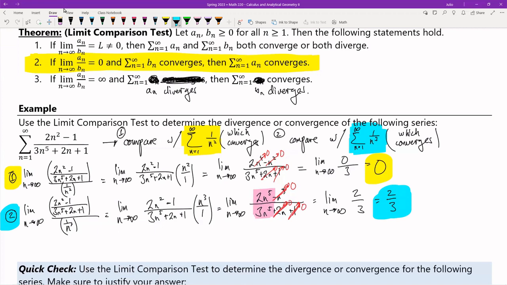This one is not a limit equal to 0. We are now sort of invoking number 1. Hopefully you guys see that. Since we did an AN divided by BN, and we got the limit to be something that's not 0, we got it to be 2/3.